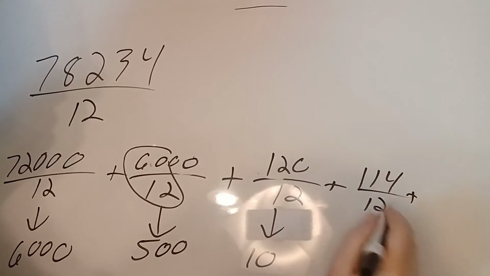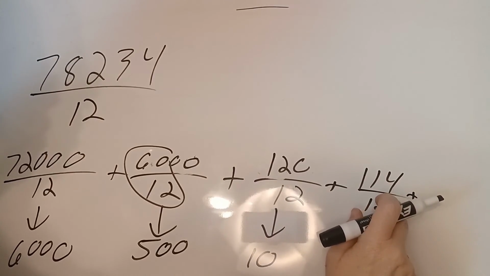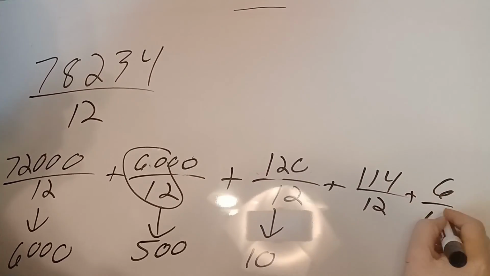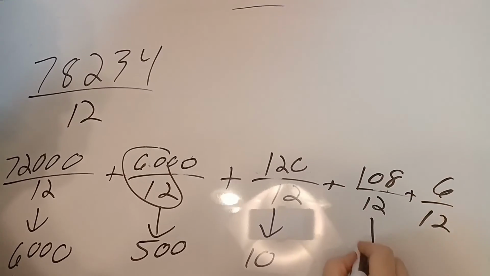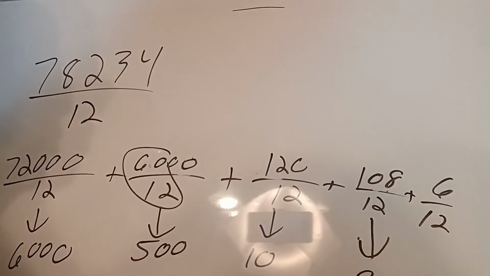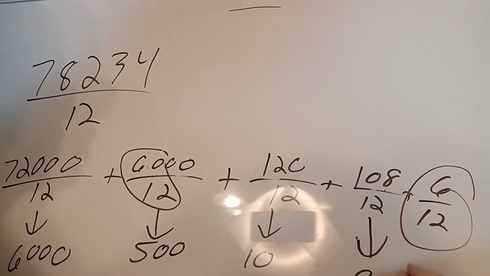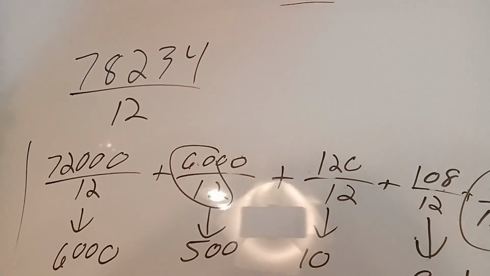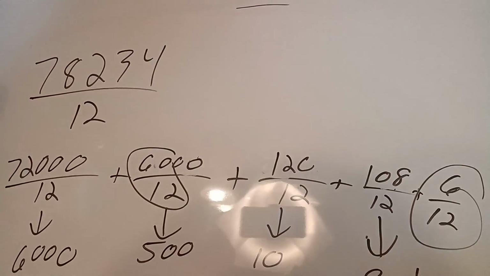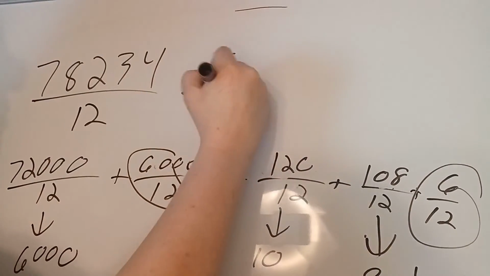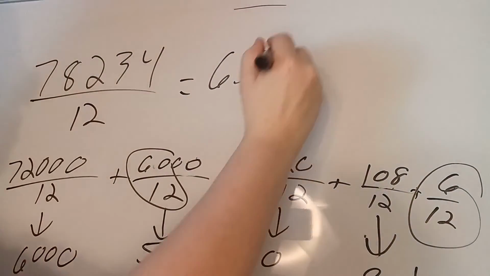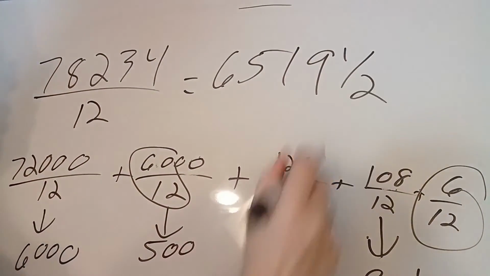This is going to be 108, so that means we're going to have 6 left over. 6 12ths is a half. So now we need to combine all of our numbers here. 6,519 and a half is our answer.